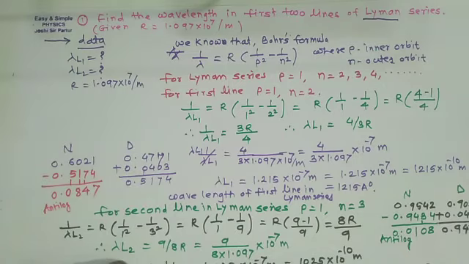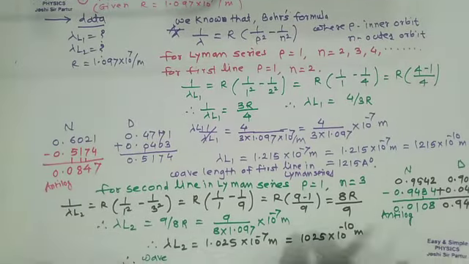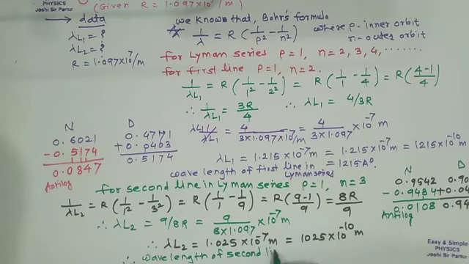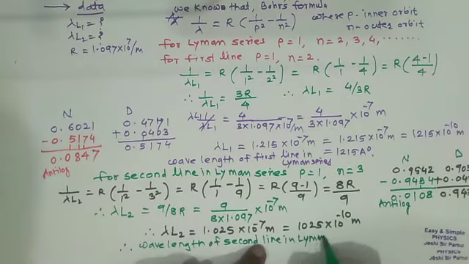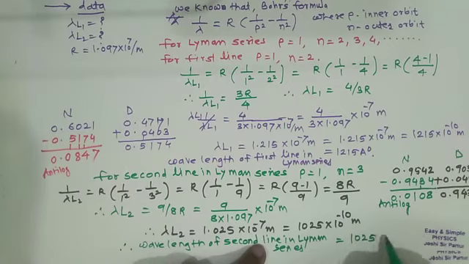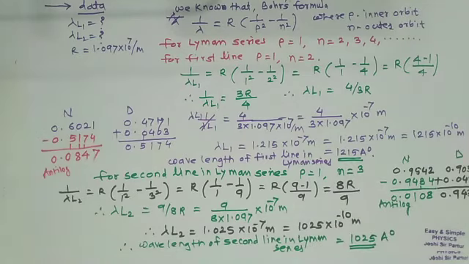Therefore, wavelength of second line in Lyman series will be 1025 angstrom unit. So here the two answers are there for the given example.